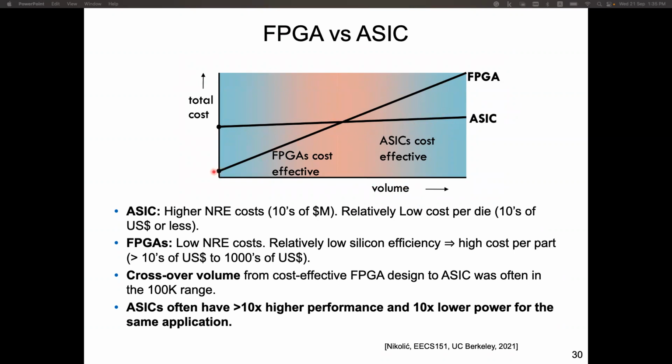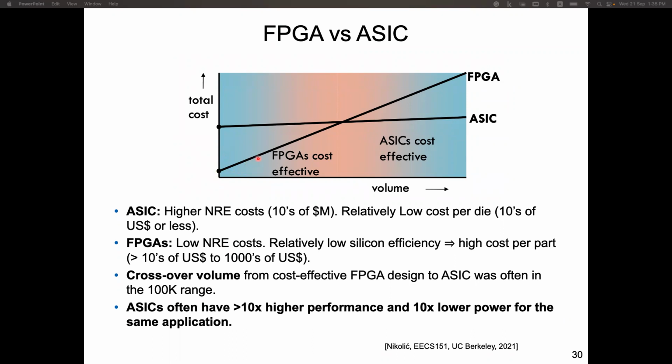FPGA has nearly zero non-recurrent engineering costs. We don't need to make mask for the fabrication. We don't need masks, and design time can be short. So nearly zero NRE costs. But the cost per chip is high.